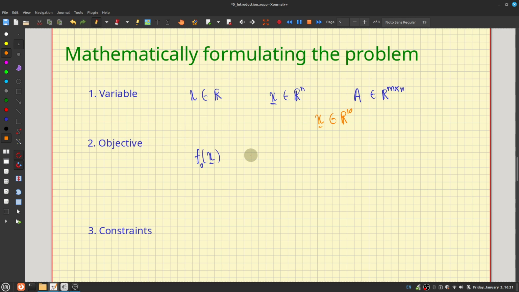In this case, maybe the objective could be the expected return at the end of the year. Maybe I have some estimate, using some historical data, of what is the average return given by each company. So what would the objective function look like?